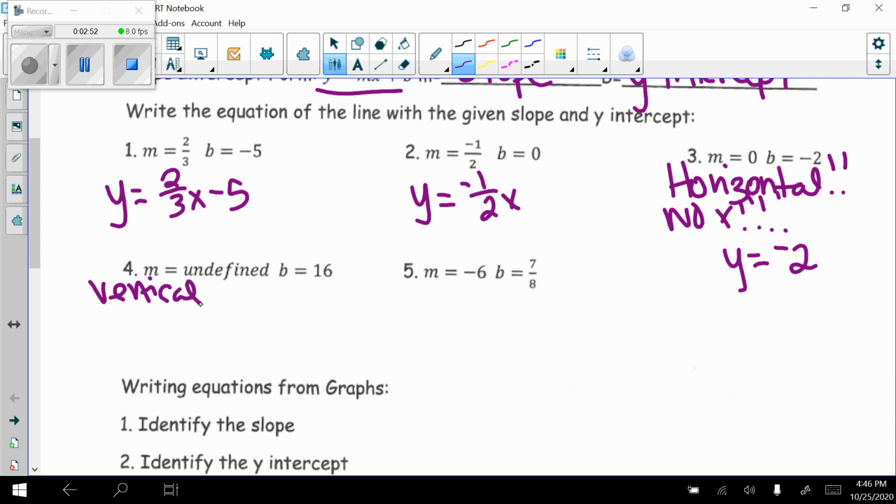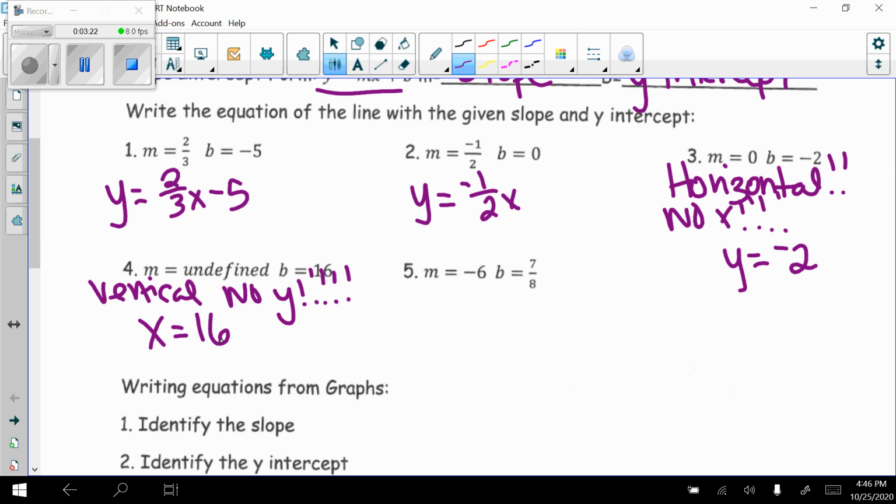Remember, vertical lines cross through the x-axis only, so they have no y's in the equation. This is simply x equals the value that they give to me, 16. If you memorize that a slope of 0 is a horizontal line, meaning y equals some number, and a slope that is undefined means vertical, x equals some number, those should be very easy questions on the test.